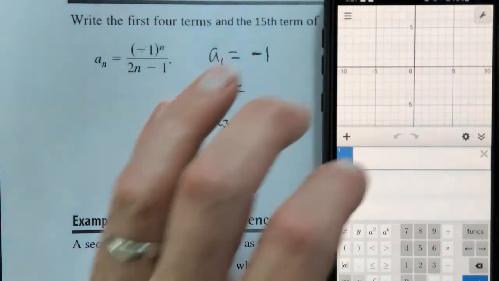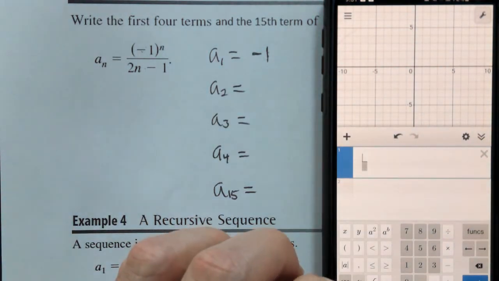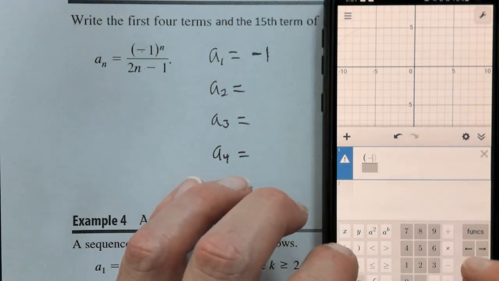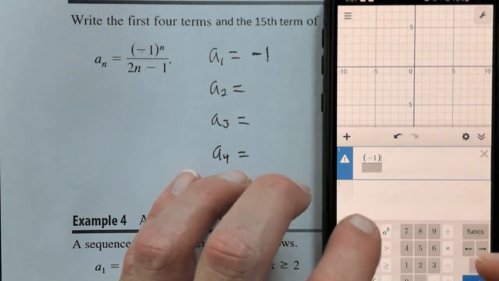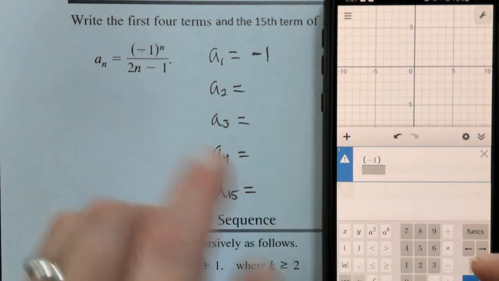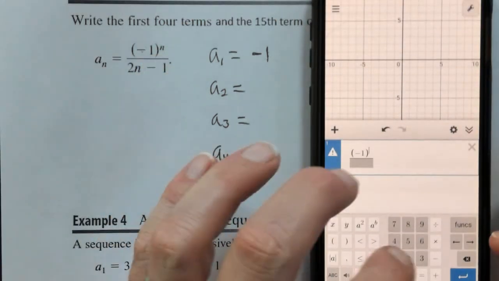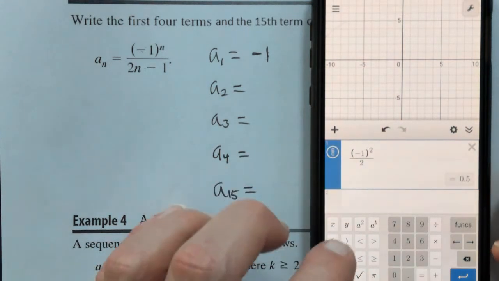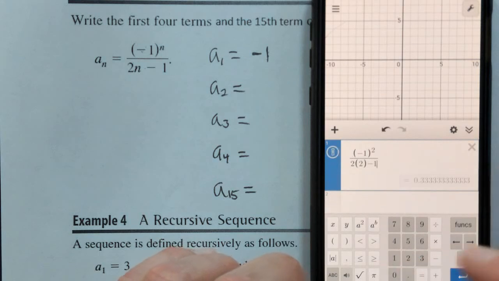Okay, so here we can just go fraction. We can go negative 1 in parentheses. We can raise it up. We already got the first term, so why don't we go ahead and just put squared in there. Come down to the bottom. 2 and 2. Close it off, minus 1.